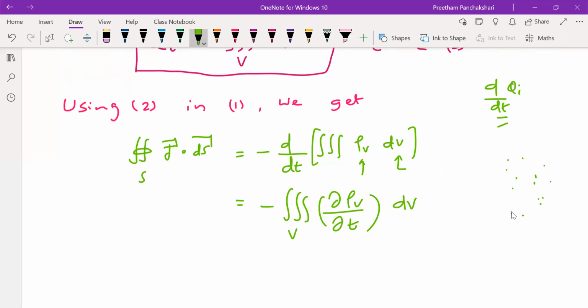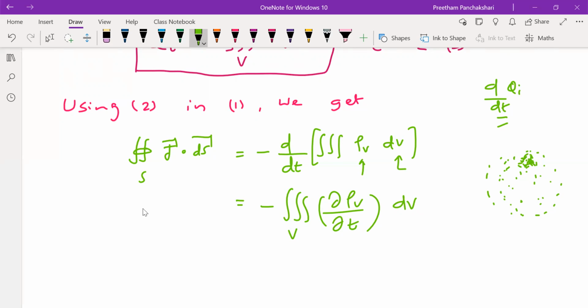This being a volume charge distribution under consideration, the charge density may change from point to point. Some points may be more dense and some points less dense. So now the charge depends not only on time, but also on the space variables like x, y, z. Because of that, partial derivatives are introduced.